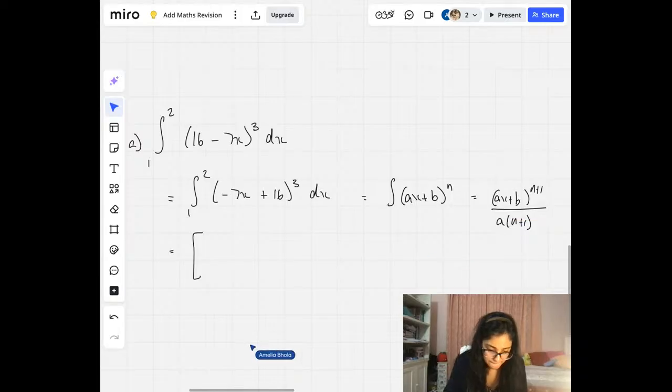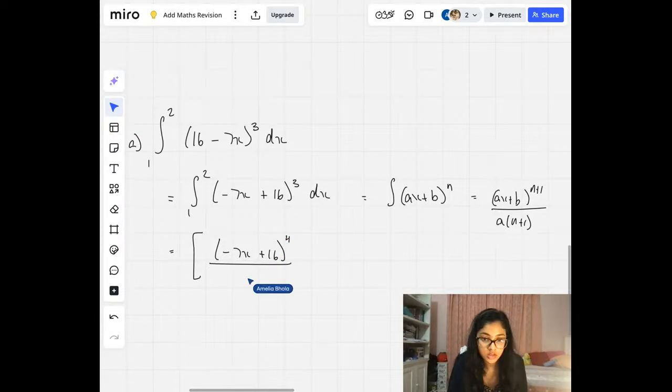So taking this, I'm gonna add 1. Then I'm gonna take the negative 7. That's the a.